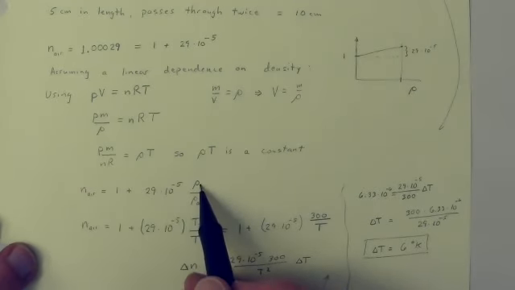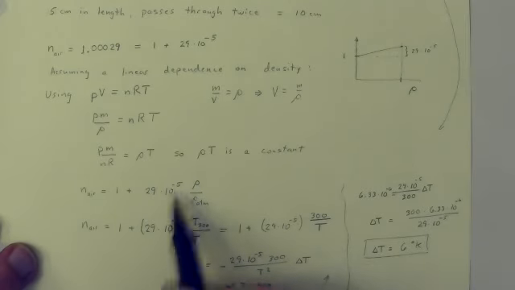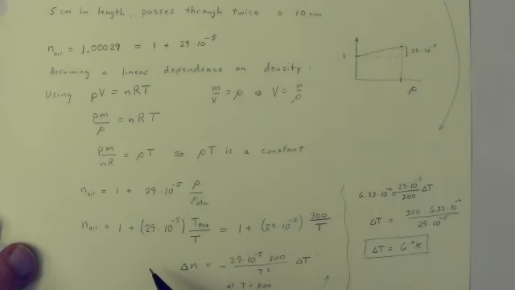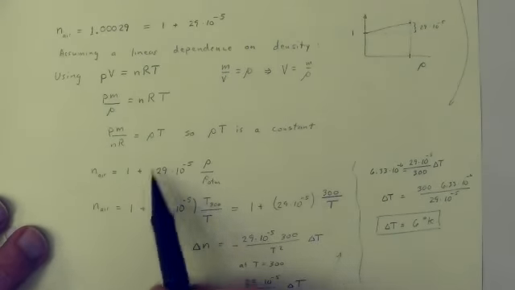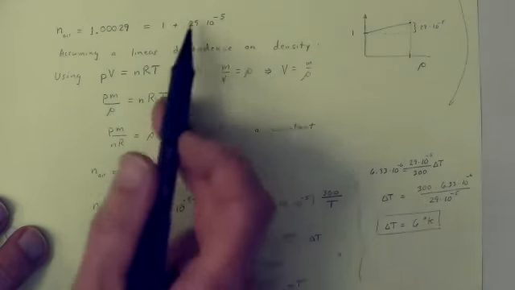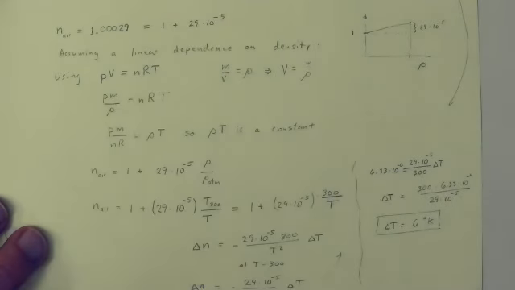If you're at twice standard density, you'd have twice that much. That sort of thing. So that's where I'm just saying it's proportional to density, the change from 1, this 29 piece.